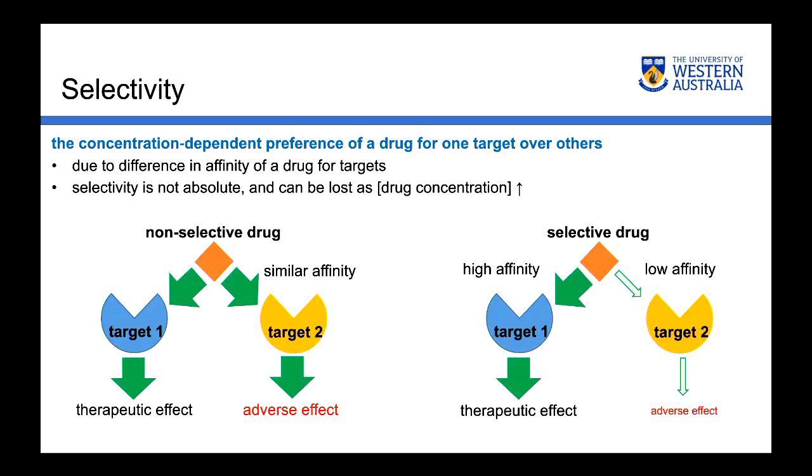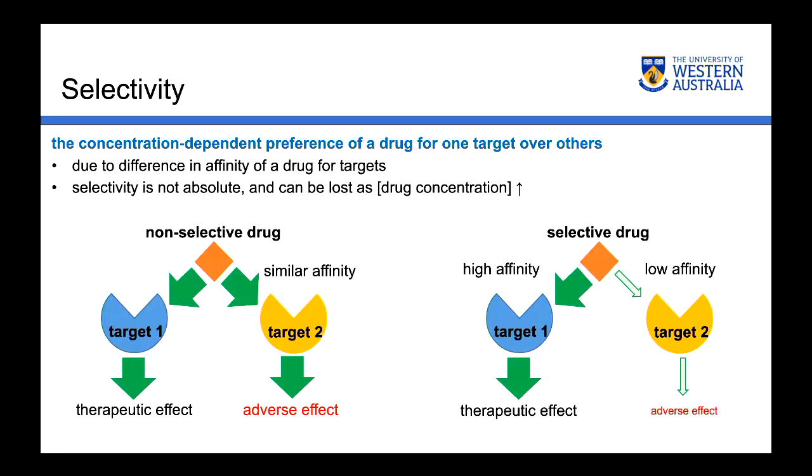Drugs show selectivity because they have different affinities for different drug targets. When we say selectivity, it's only a relative concept, because if we increase the concentration of the drug, eventually this selectivity will be lost. So just keep in mind, it's not an absolute selectivity. It's relative, dependent on the concentration of the drug concerned.